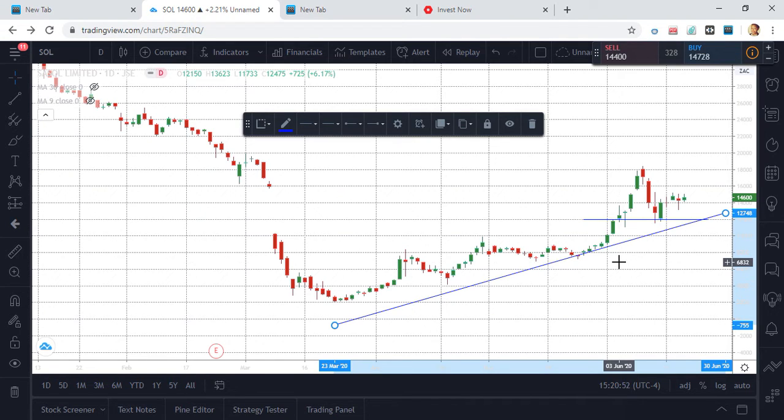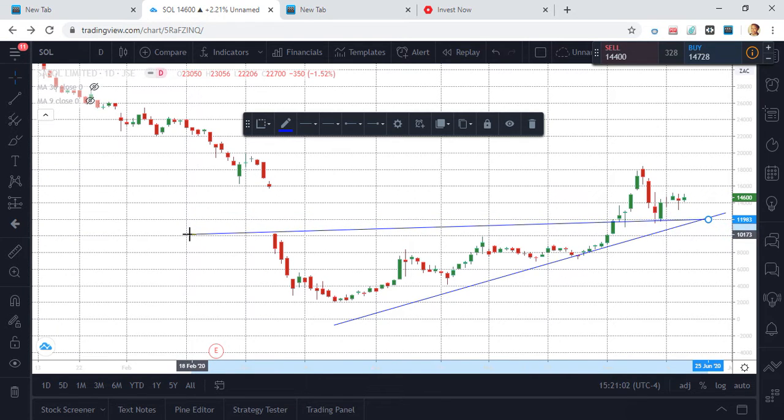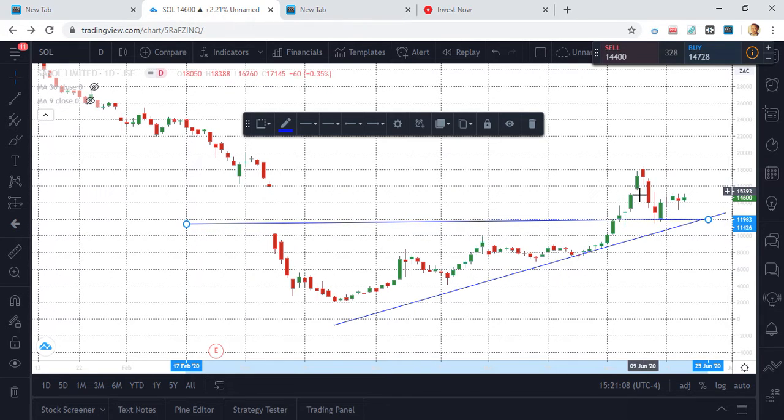When the price comes down, it will hit a certain level. If we stretch this line, we can put it somewhere there. Because the thing is, with support and resistance, it's an area.